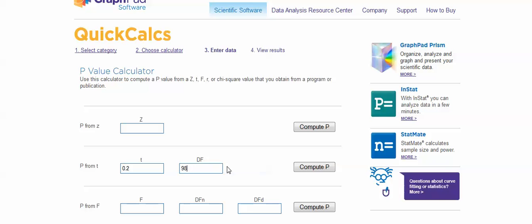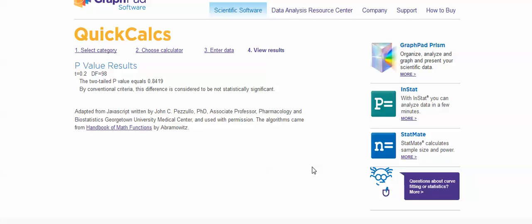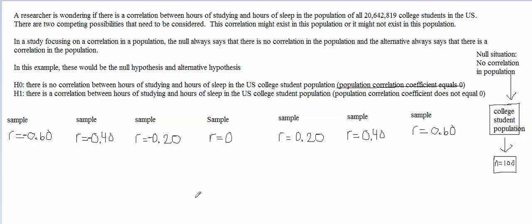So enter 98 for a p-value. 0.8419. The opposite would also have to be 0.8419.